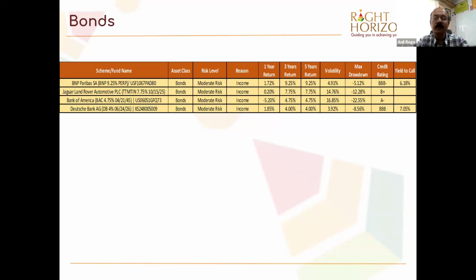Because of this volatility, a Bank of America bond, for example, had a maximum drawdown of 22%. Not something you would expect for a bond or a bond fund.